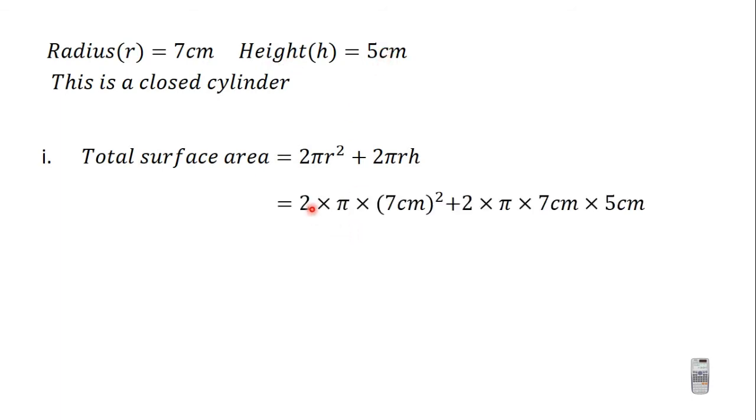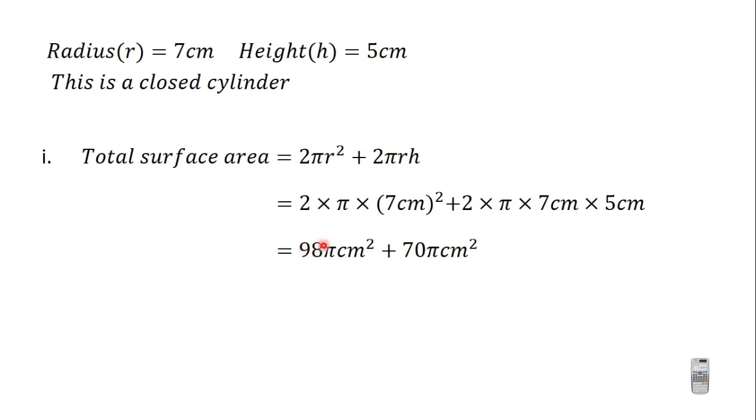It means that you have 2 times pi times 7 centimeters squared plus 2 times pi times 7 centimeters times 5 centimeters. We are supposed to leave our answer in pi. So you have 2 times 7 squared times pi, and that will give us 98 pi centimeters squared. Then you have 2 times 7 times 5, that will give us 70, so times pi, you have 70 pi centimeters squared.